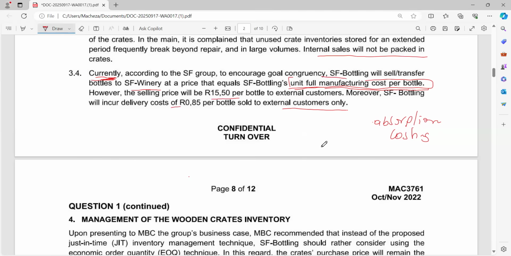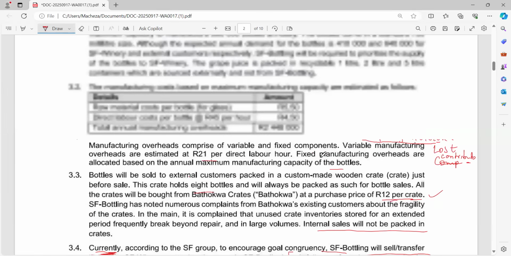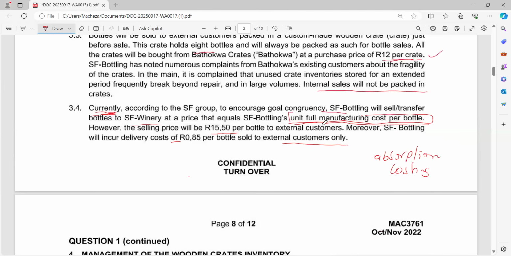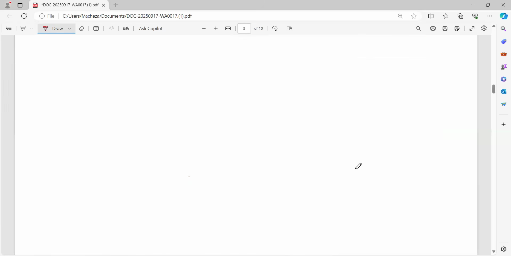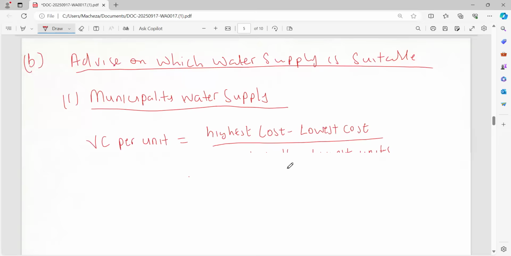So where do we start with our answer? We can start anyway. You can start with the minimum transfer price, or you can start with the full manufacturing cost. Let's just start with the full manufacturing cost, then we go to the minimum transfer price.